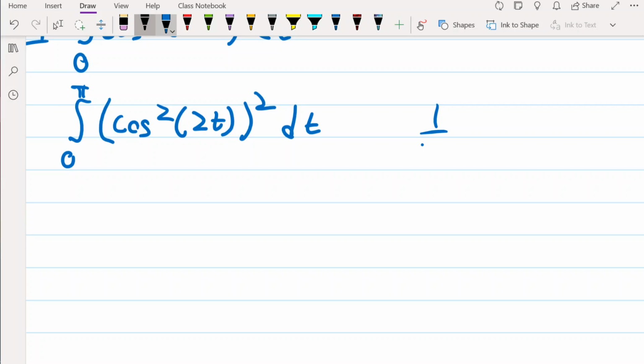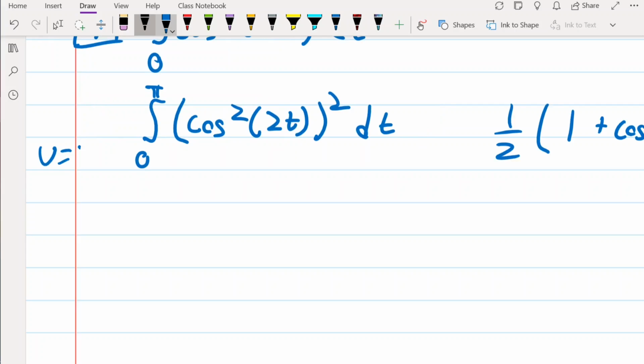We are going to have to do a u substitution here, though. So let's do that real quick, where we'll have u equal 2t, and that will mean du equals... wait. I think you would have to use the power reducing formula on that again.